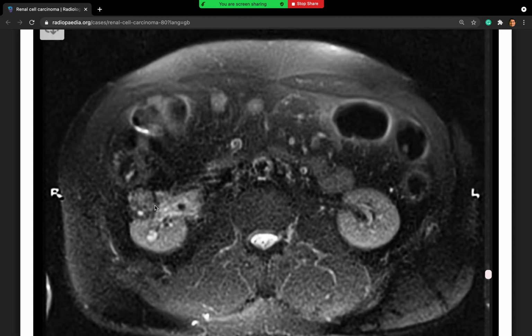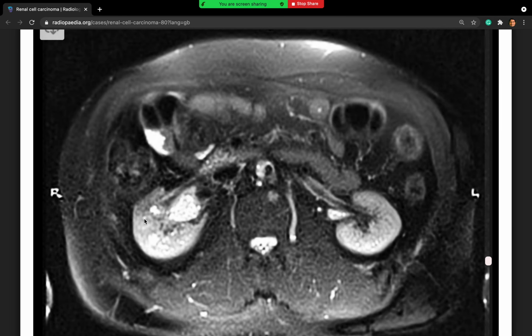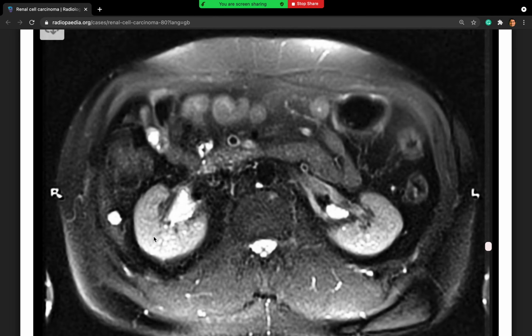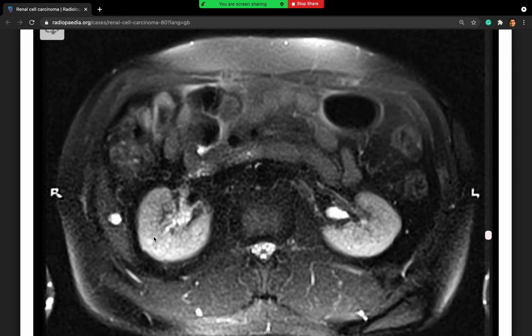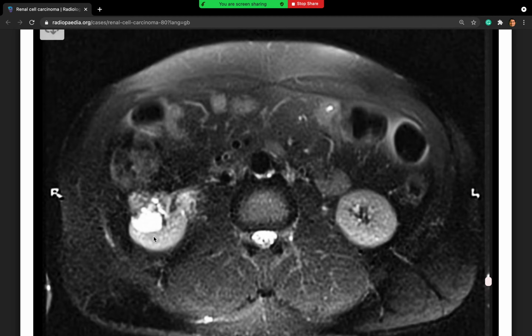Okay, the radiologist felt this is a suspicious renal lesion, which measures approximately 3 centimeters. This gentleman also has some coexisting renal cysts, which are not significant, and staging is negative. There are no signs of any extra renal metastasis. The opposite kidney is normal, and the renal vein is normal.